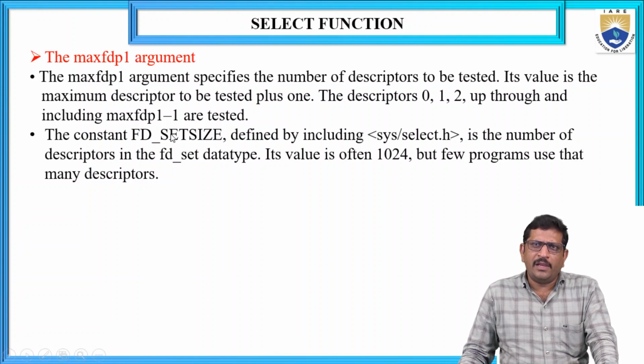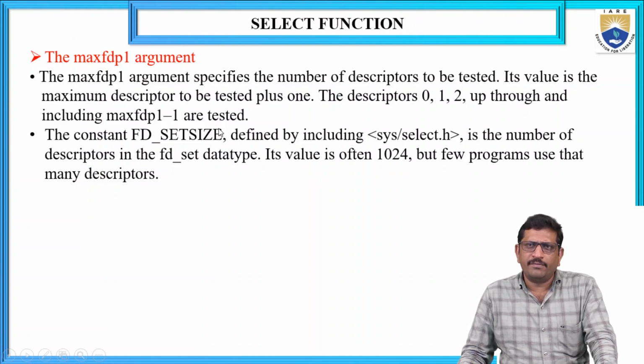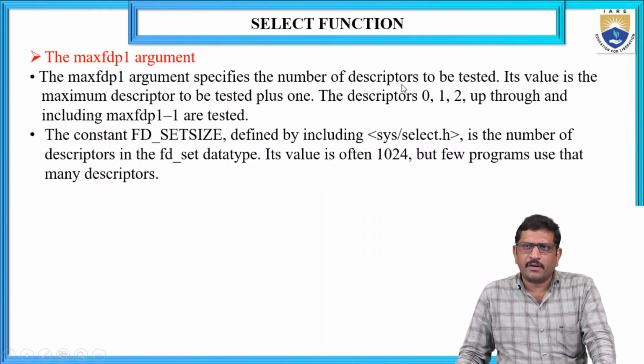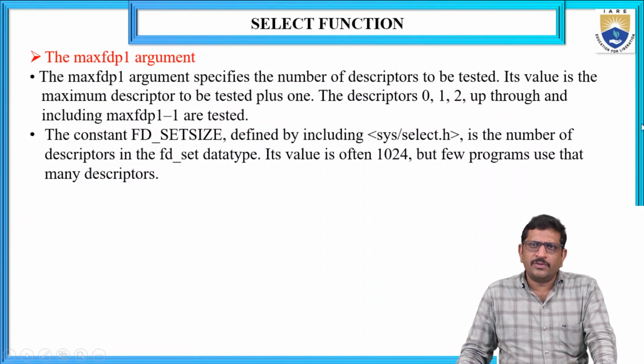Here the FD_SETSIZE value is by default 1024. It is the set size of the file descriptors. But few programs use that many descriptors.